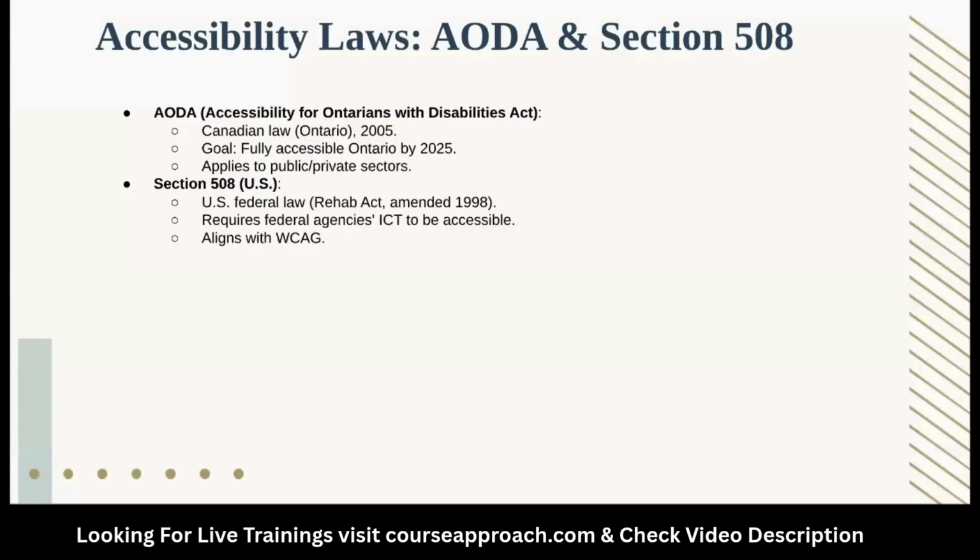Next is Section 508. We need to understand mainly that it's a federal law. The US Access Board has developed standards called Section 508, which are technical requirements that should be followed by information and communication technologies to meet accessibility standards.